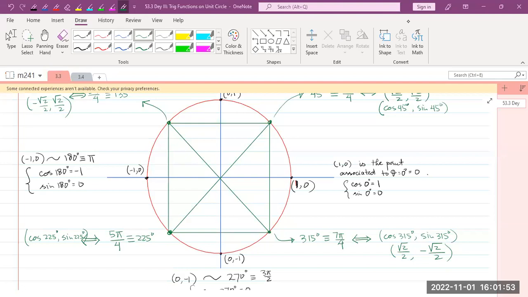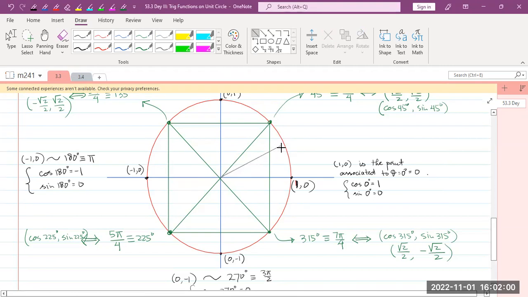Now, what happens if we have the 30 degrees one? Suppose this is our 30 degrees, which corresponds to pi over 6 in radian.